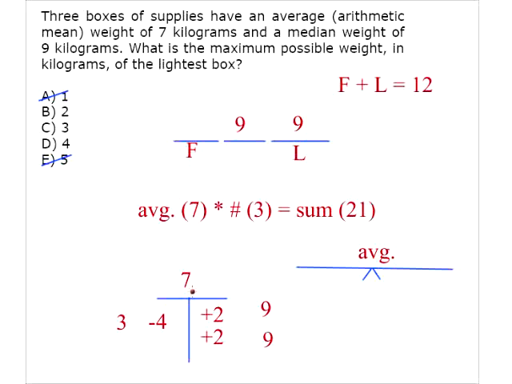To balance that out and make 7 perfectly balanced in the middle, I need to be 4 under the average on this side, since I'm only allowed to have 1 number. I need 1 quantity that will allow me to be 4 under this.